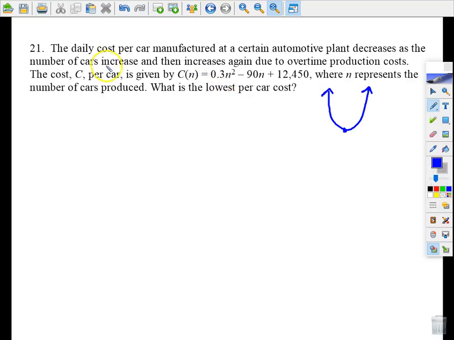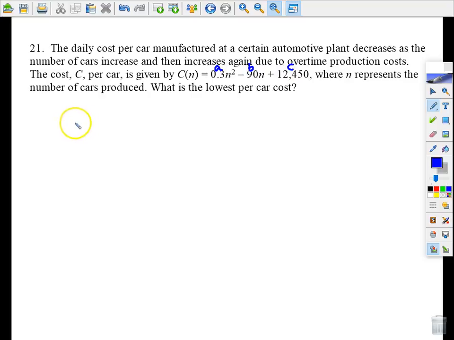So really, when you're given a quadratic function and asked to find either the lowest or the highest in the case of a parabola that opens upside down, it's really just saying find the vertex. It's using a lot of fancy language, but in essence, what they want you to do is find the vertex of this function. For standard form quadratic functions like this, let me go ahead and label A, B, and C. That's what standard form looks like.